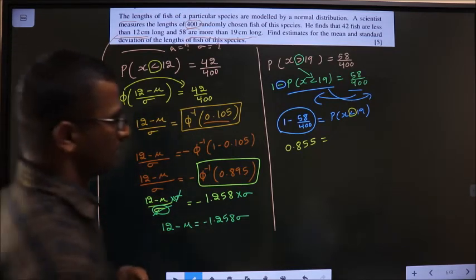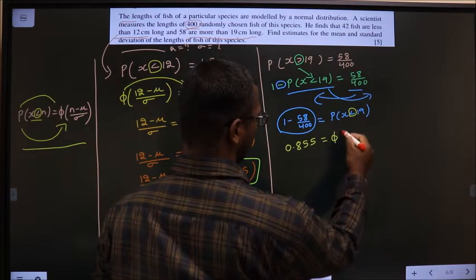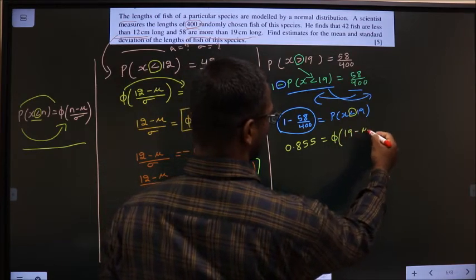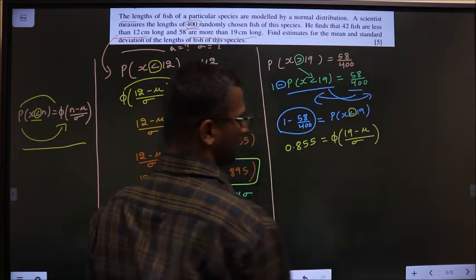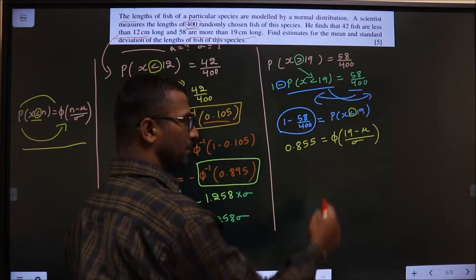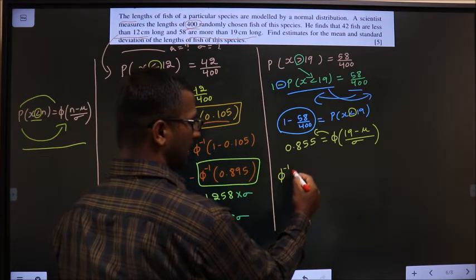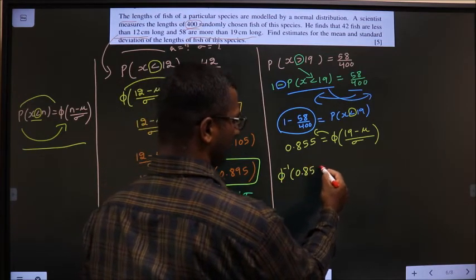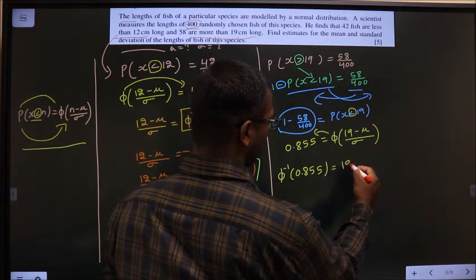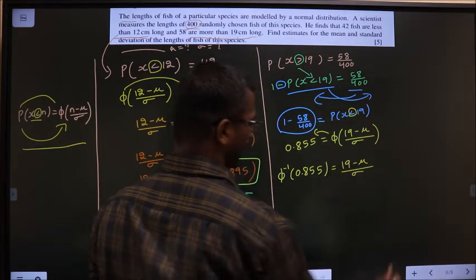So phi of 19 minus mean we don't know, standard deviation also we don't know. Next, to simplify further, shift phi to the other side, so it will become phi inverse of 0.855 equal to 19 minus mean by standard deviation.